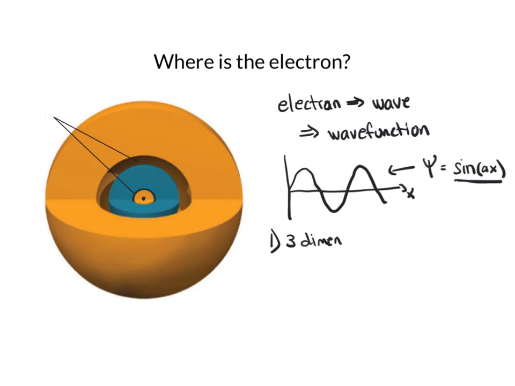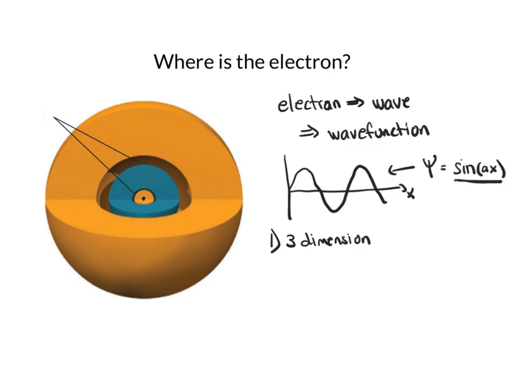So rather than looking at the amplitude of the wave as just a function of the distance away from the origin, we have to think about the amplitude of that wave in 3 dimensions: distance away, what angle it is away from the origin, so x, y, and z components to that function. So it's a multi-dimensional function, and that makes it more complicated.